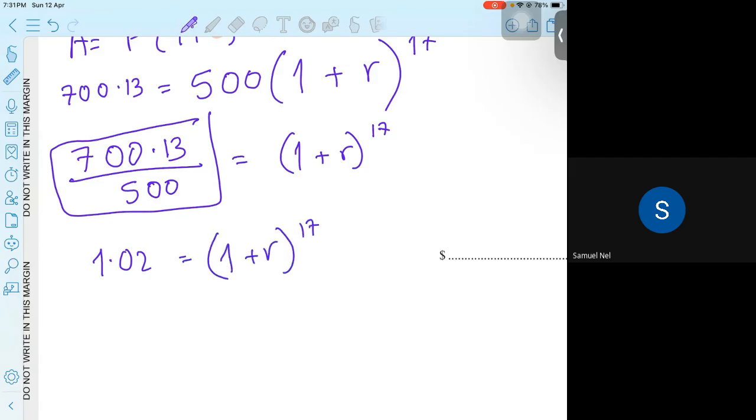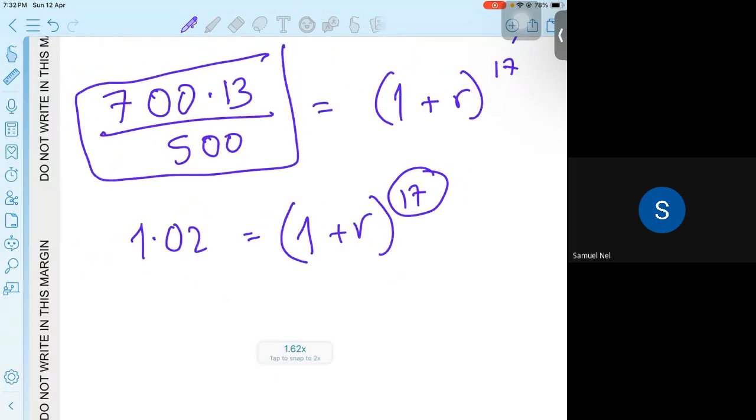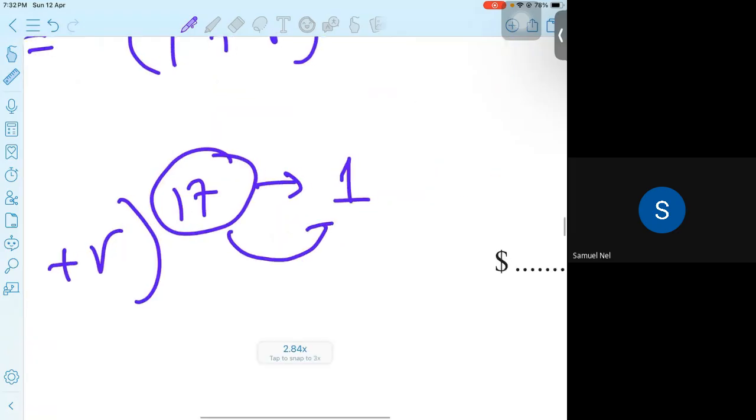Now here is where an indices concept comes into play. The indices concept basically says if you want to get rid of this power, I have to make the power into 1. How do we go from 17 to 1? Divide by 17, right?